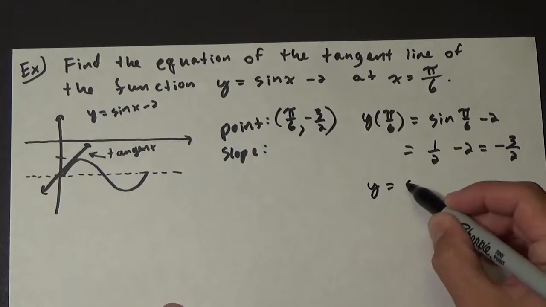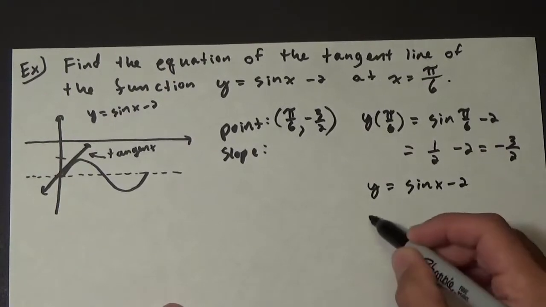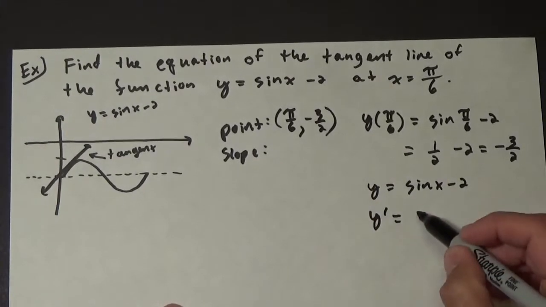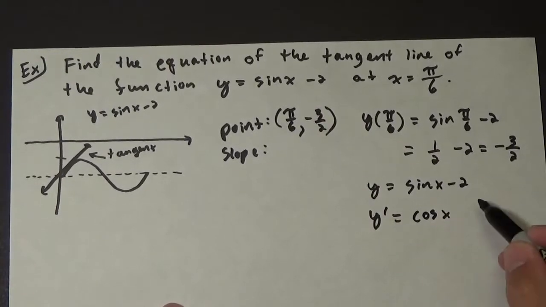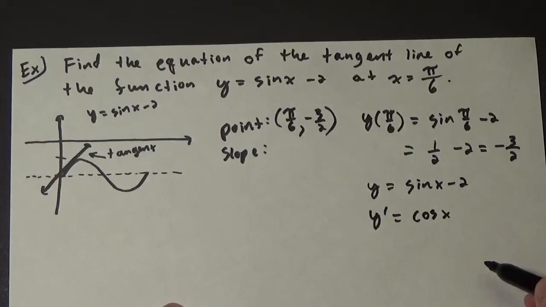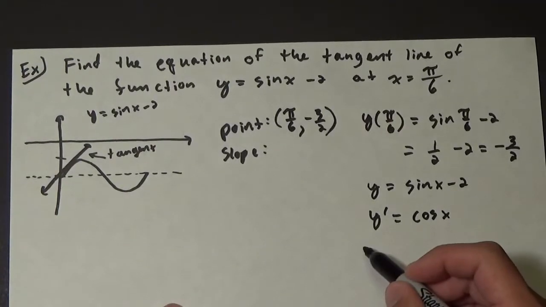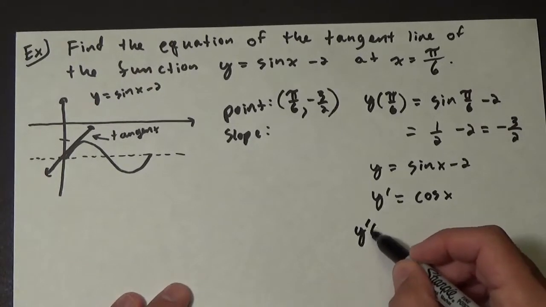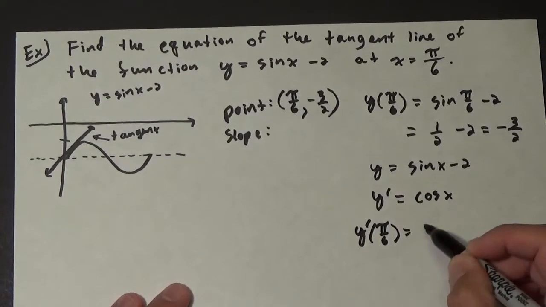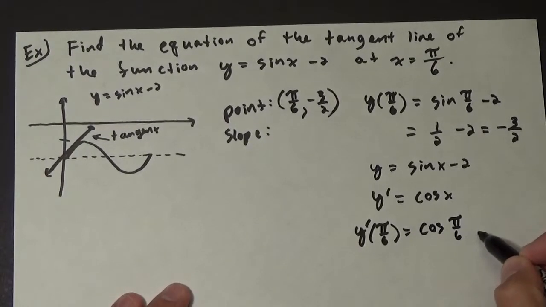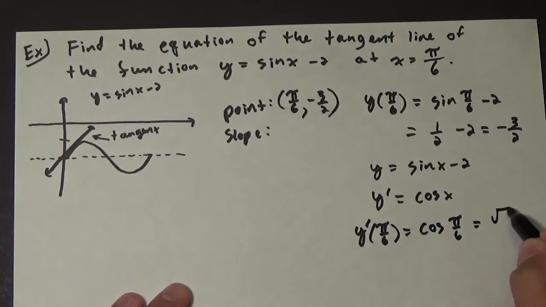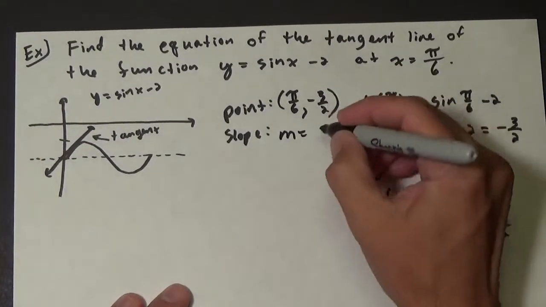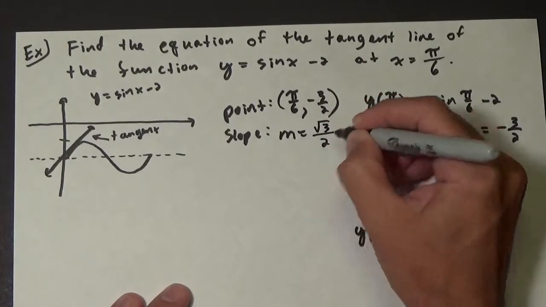So if y equals the sine of x minus 2, then y prime, well, the derivative of the sine is the cosine, and the derivative of 2 is 0. Then we substitute in pi over 6, so y prime of pi over 6 is the cosine of pi over 6, which is the square root of 3 over 2. Got to go back to that unit circle again. So the slope is the square root of 3 over 2.